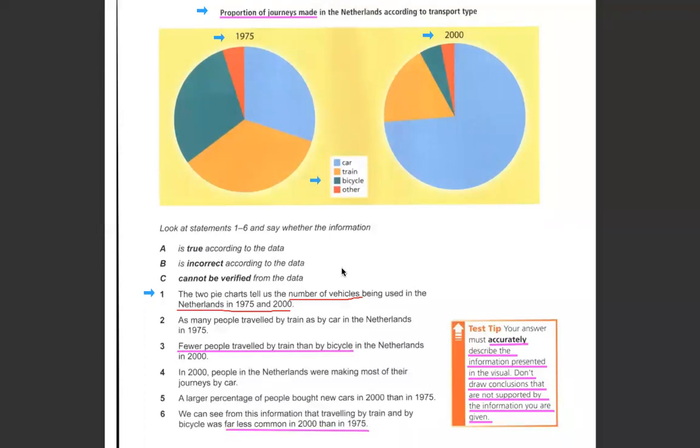All right, a lot of you said B, which is great. This is incorrect. Can you please tell me why it's incorrect? What should it be? So most of you said B, which is great. Could you please tell me how could we correct this?